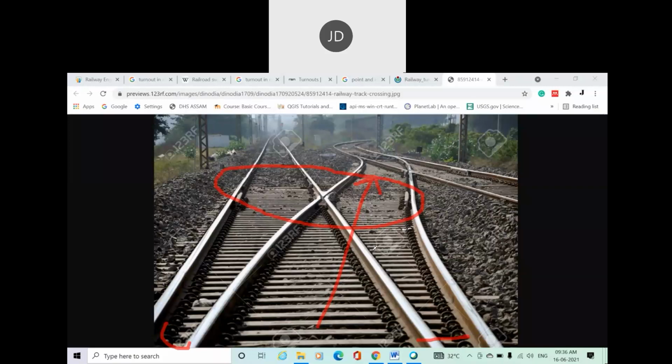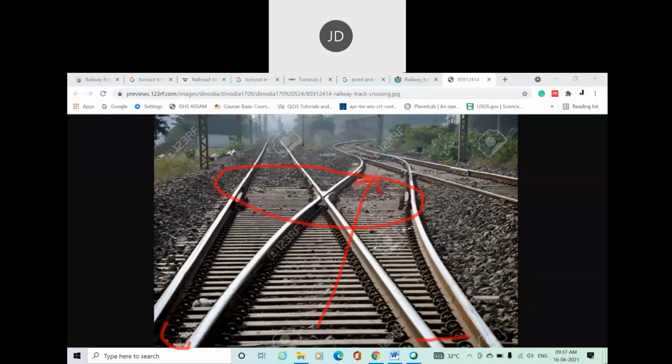Basically, point and crossings are a kind of arrangement provided in a railway section or railway track to guide a train for a direction change. It is a basic definition. I think you have understood, right?